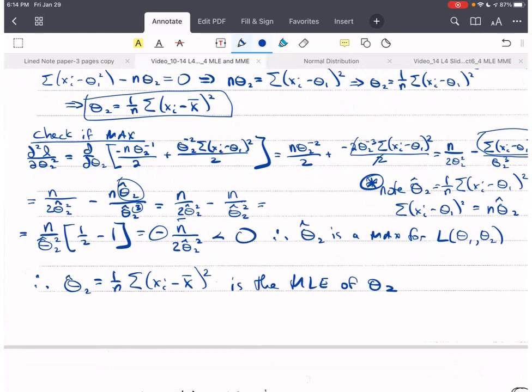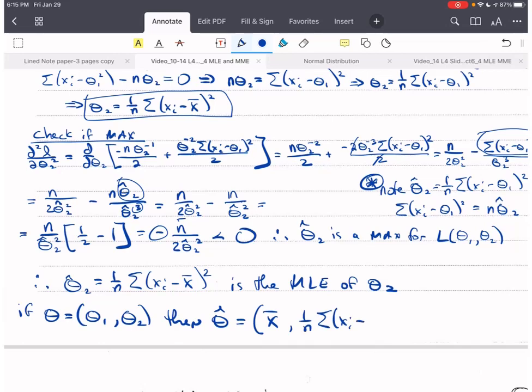And if θ equals (θ1, θ2), then θ hat equals x bar, comma, 1 over n times the sum of (xi minus x bar) quantity squared.